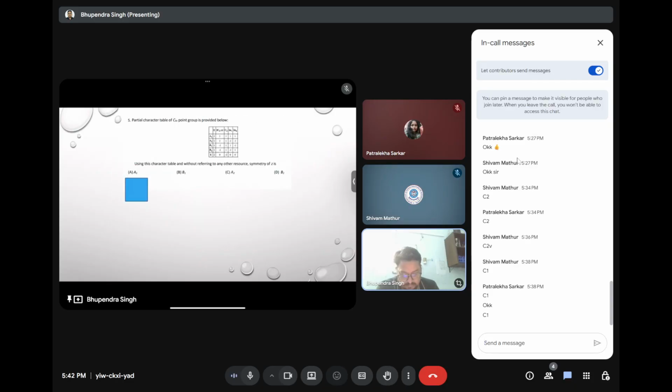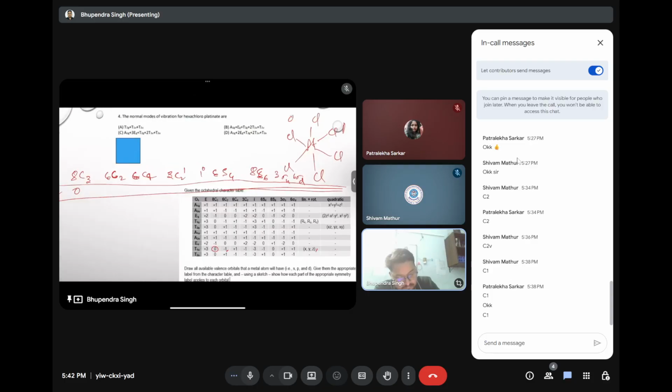There are questions left, but C2, this is octahedral.